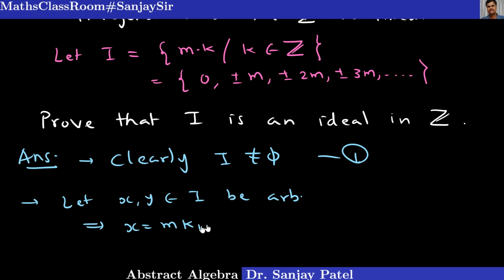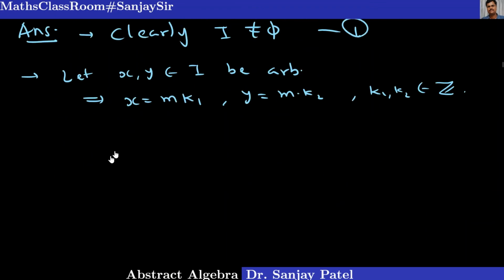So x is m into k1 and y I can take as m into k2, where k1 and k2 are some integers. Now to prove the first condition of an ideal, that for every x, y belonging to I, I should prove that x minus y also belongs to I, in order to show that I under plus is a subgroup.